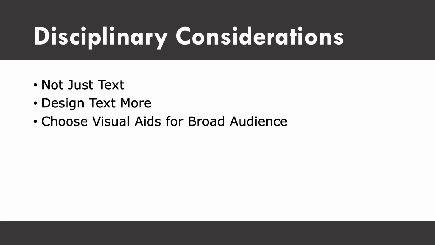All right. So when thinking about other disciplines, this is true for a lot of disciplines that do scholarship that is primarily text-based articles. It's very hard for them to think, well, what am I going to do with all of this space? Remember your audience, that the types of visual aids you may include are to reach that audience.